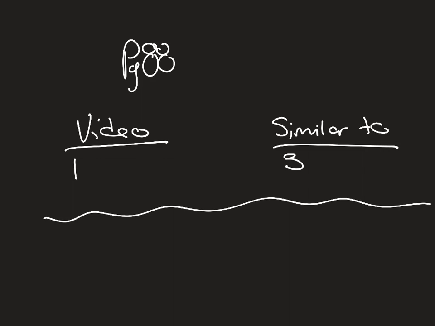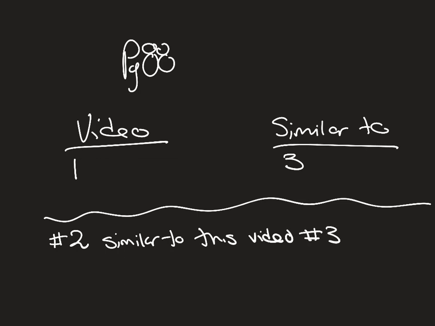Not in the video will be number 2, because it's similar to number 3 that we just completed. And then in the video will also be problems 4 and 5 to help you out.